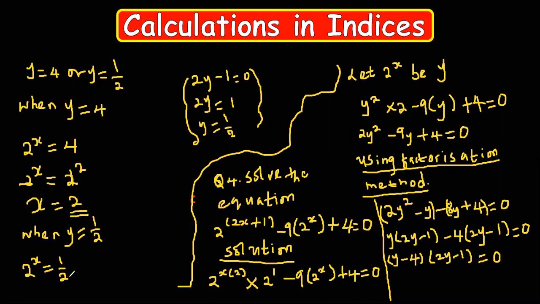It's not fractional index. So we just take the reciprocal of this. So 2 raised to the power of x is equal to 2 raised to the power of minus 1. Make everything the same base. So this cancels this one, and then our x is equal to minus 1.